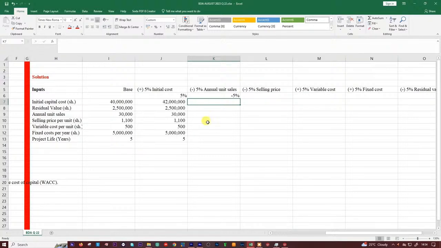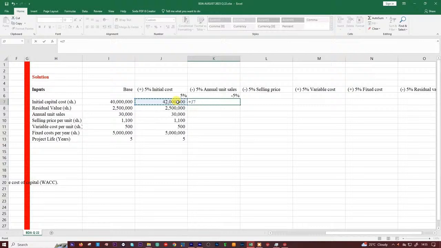You can say plus that value times 1 plus... because you're decreasing this value, I think this is the formula. It's plus that value. We're decreasing it by 5%.